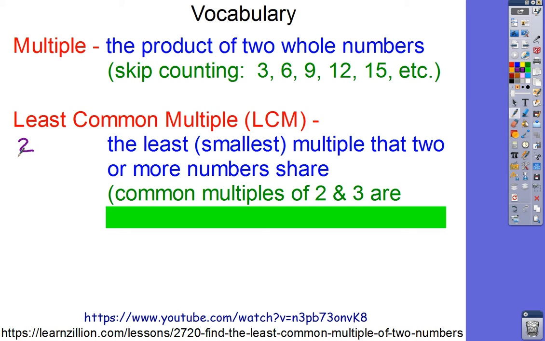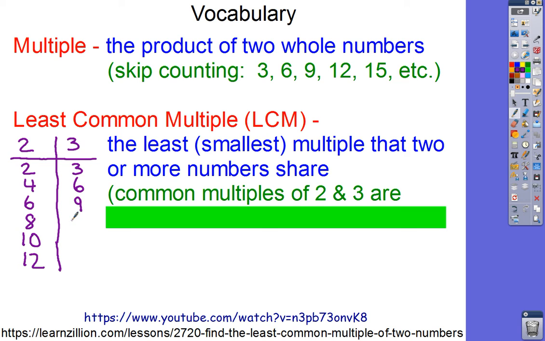I'll start by listing the multiples of 2: 2, 4, 6, 8, 10, 12, and I could keep going, but I'll stop there. Now I'm going to list the multiples of 3: 3, 6, 9, 12, 15, 18, and I'll stop there.